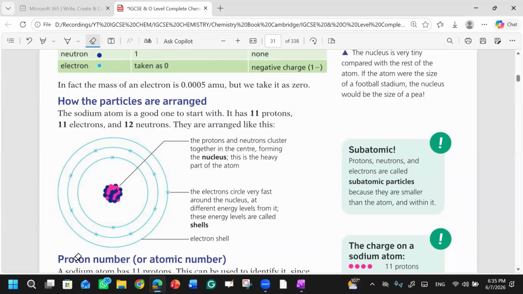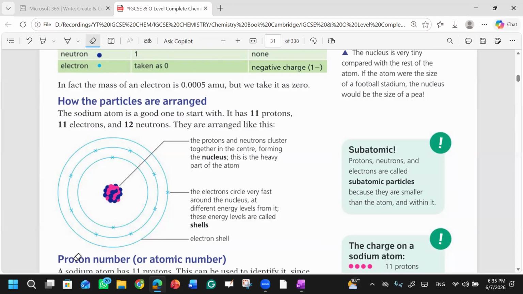At the microscopic level, everything is made up of atoms, and within an atom there are subatomic particles as well.